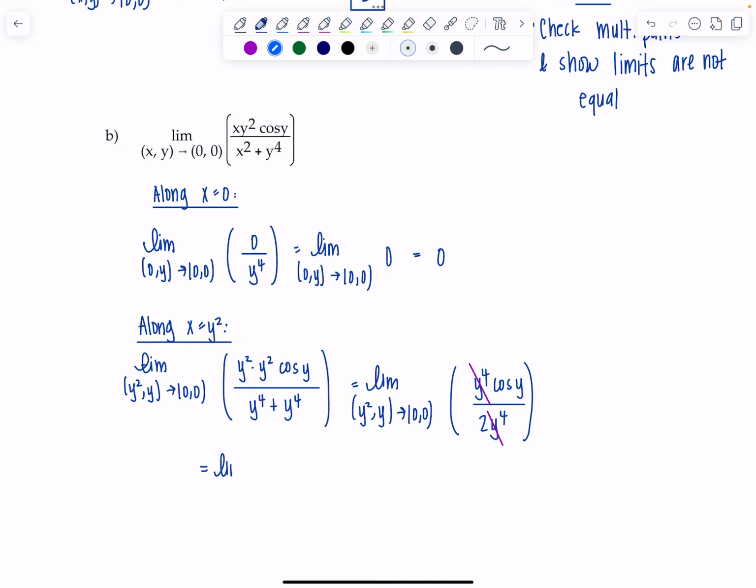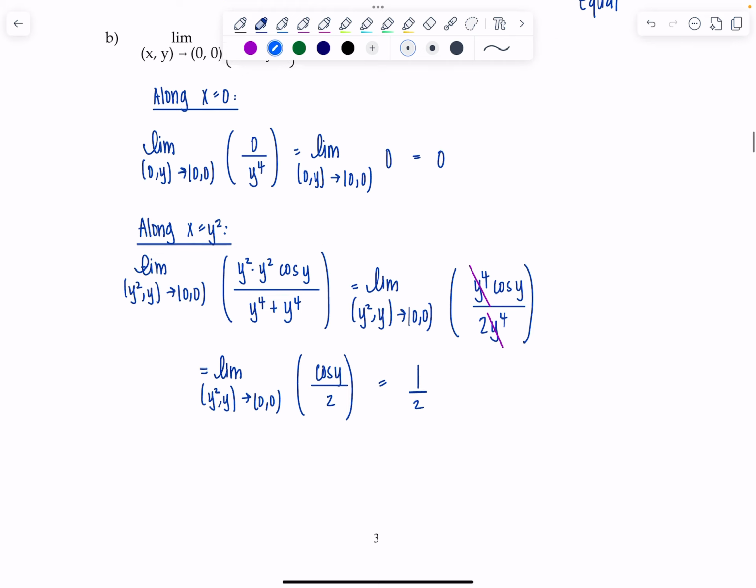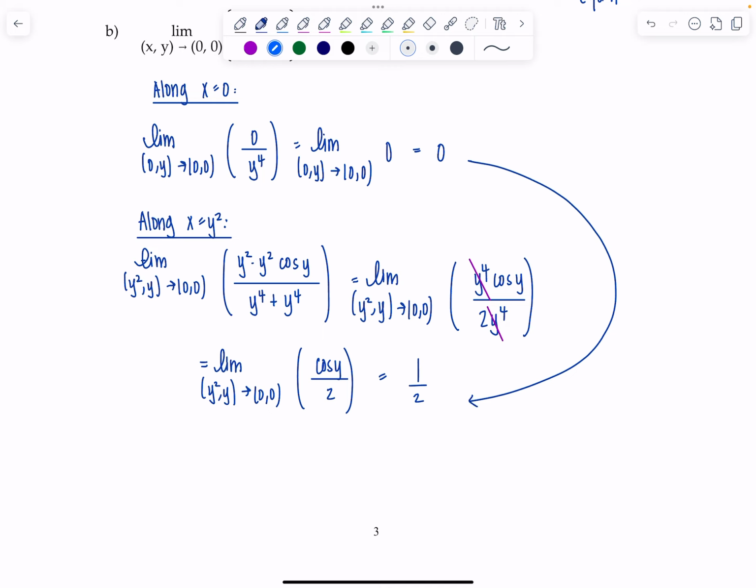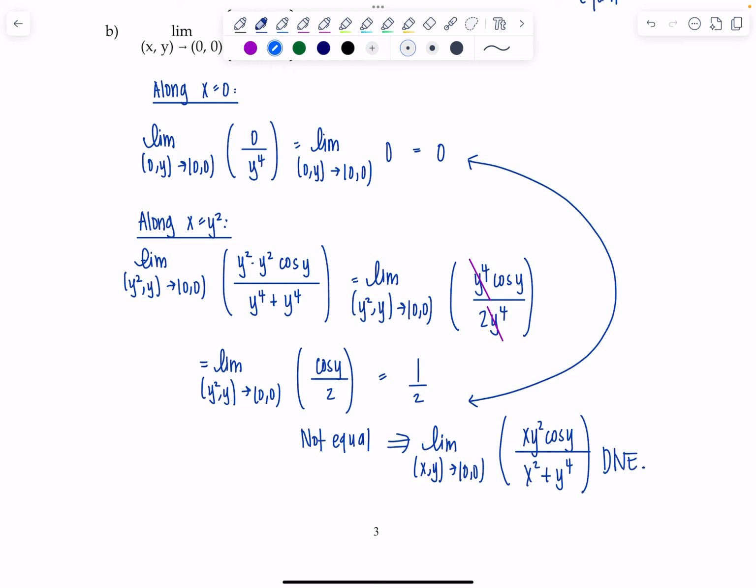So then this is the limit as (y squared, y) approaches (0, 0) of cosine y over 2, which is going to be cosine of 0, which is 1 over 2. And notice these are not equal, which means the limit as (x, y) approaches (0, 0) of x y squared cosine y over x squared plus y to the 4th does not exist.